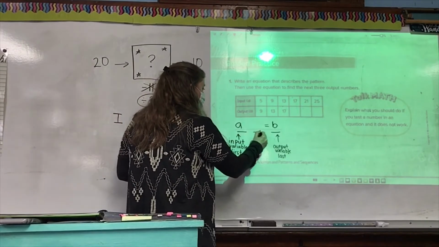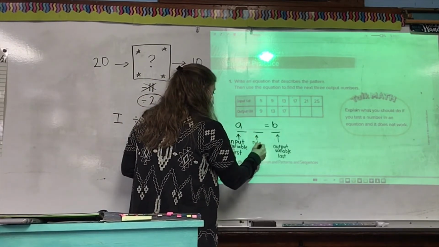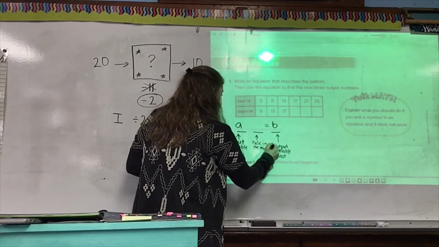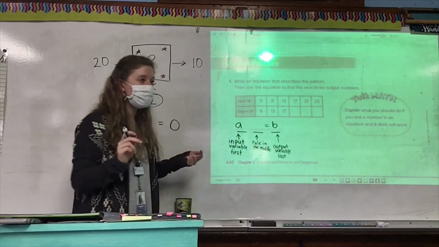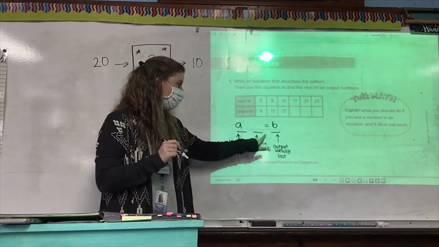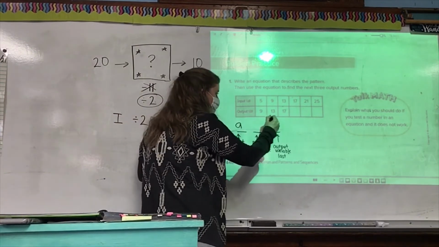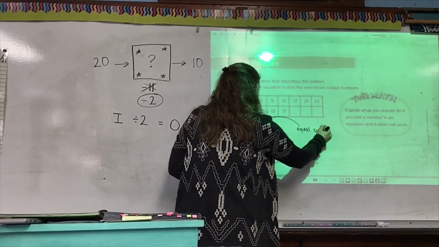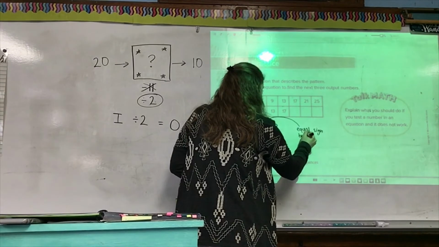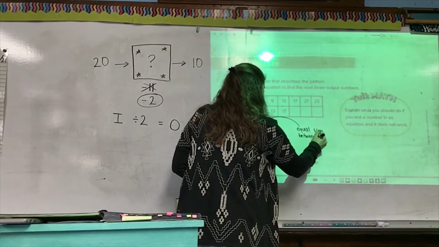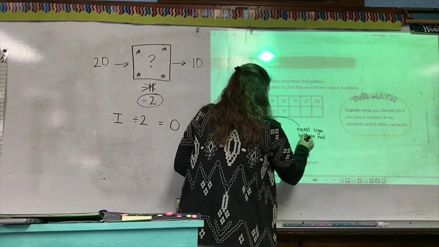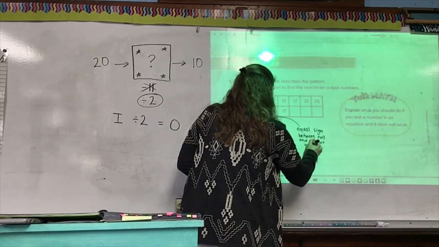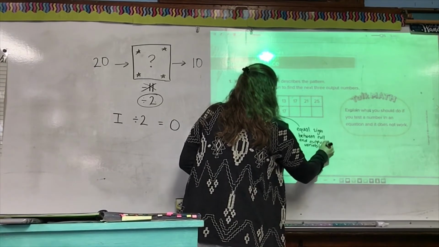The rule goes in the middle. And then an equal sign comes between the rule and the output variable. So there you go.